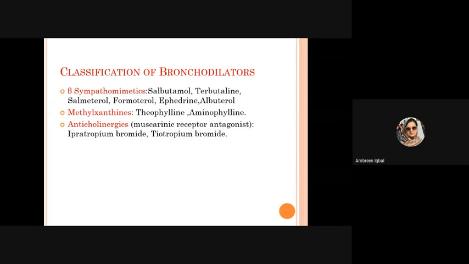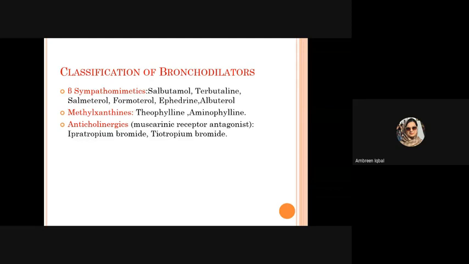They attach to the receptors and cause bronchorelaxation or bronchodilation. So they help the asthma patient who already has bronchoconstriction. Salbutamol, terbutaline, salmeterol, formoterol, ephedrine, albuterol, adrenaline are all beta 2 agonists.